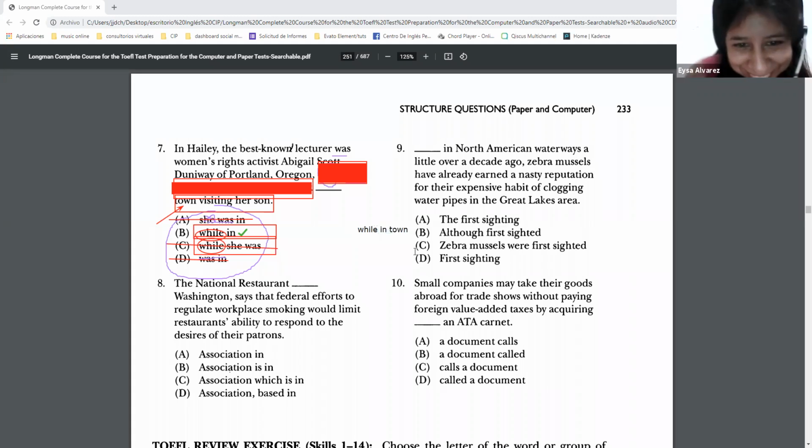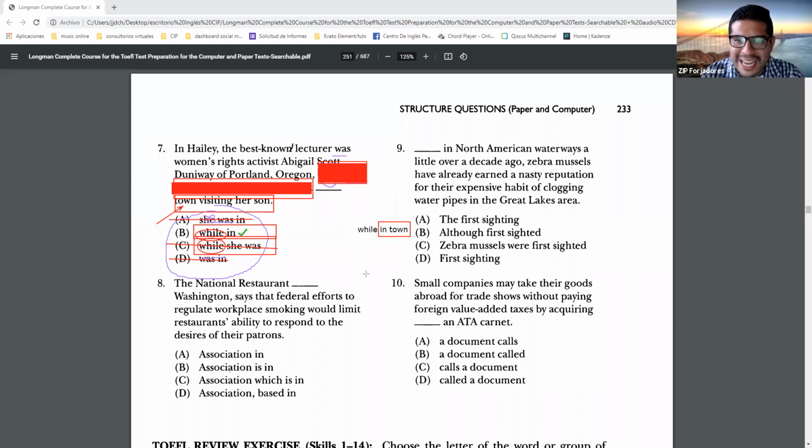If you don't have this "in," you have two subjects, she and town. If you put the preposition in, town is the object of the preposition, and it's a reduced clause, because I don't have a subject and I don't have a verb. We have "visiting," which is the verb in the reduced form.